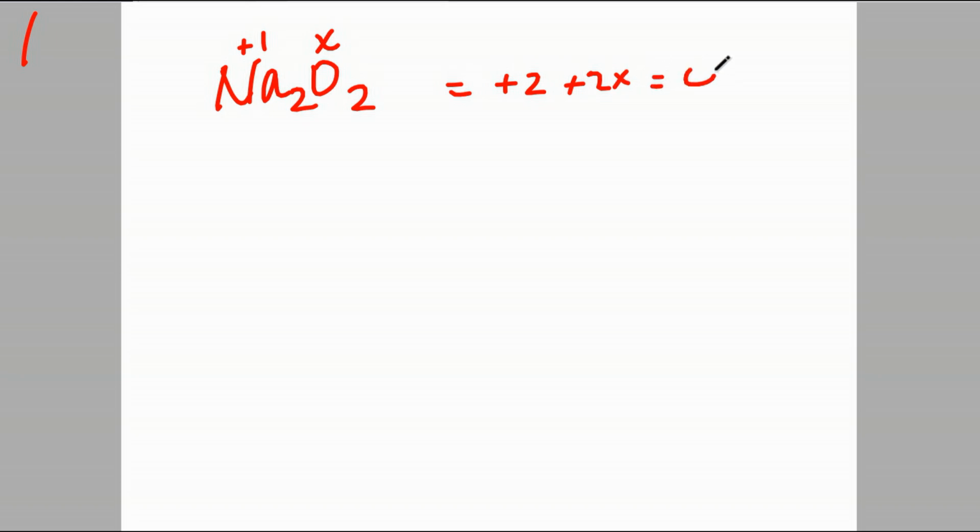And the sum of this should be 0 because it's a neutral compound or molecule. Therefore, 2x equals -2, x equals -1. So remember, one of the exceptions is in peroxides, the oxidation state of oxygen is -1.